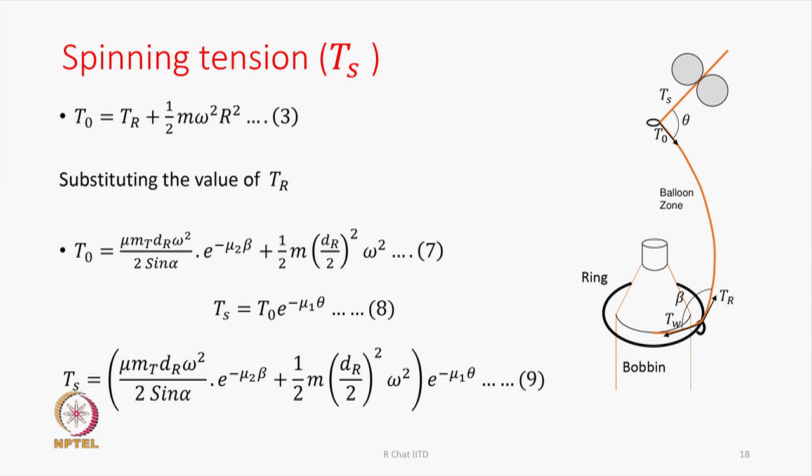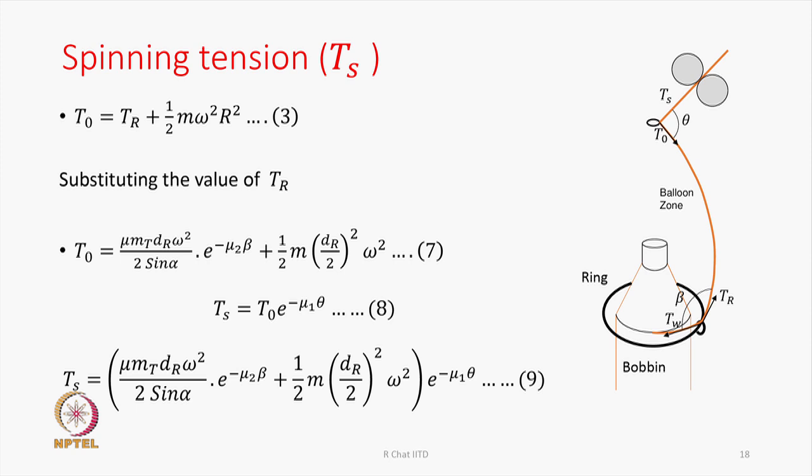And Ts and T0 we have seen how they are connected: Ts is T0 e to the power minus mu 1 theta, and hence the spinning tension Ts will be this equation, equation number 9.